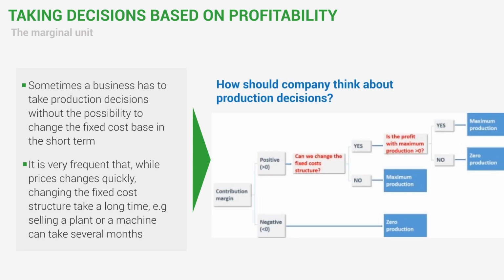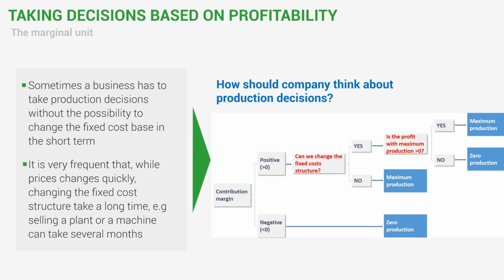So, how should companies think about how much to produce? A company should take its decision based on its contribution margins and the possibility to change the fixed cost structure. If contribution margin is negative, production should be zero, because it can only generate further losses. If instead contribution margin is positive, we should look at our fixed cost structure.